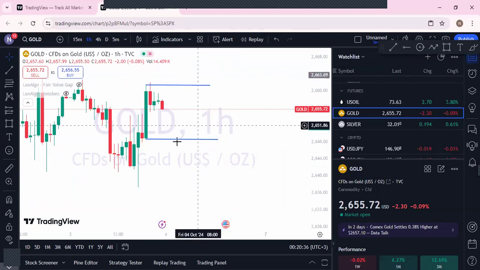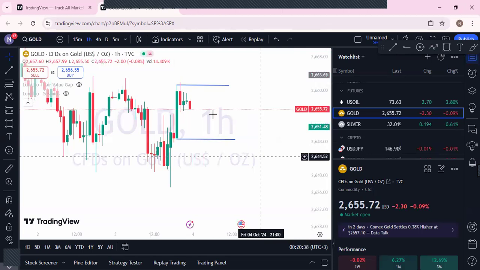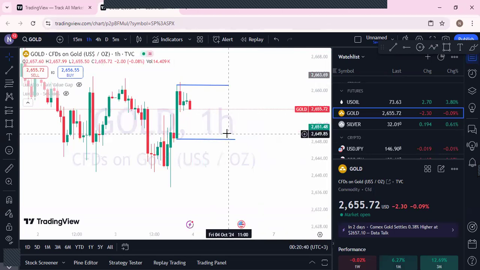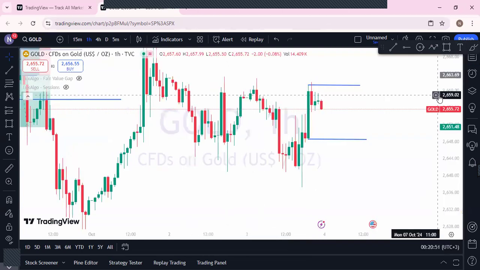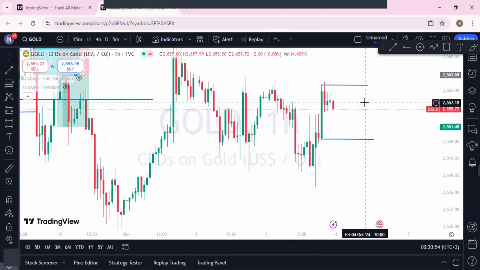I'm in for this trade, and this is the best trade I know. Also, having the CRT model knowledge, you will be good to go. You don't need so many things to be a successful trader. You need to backtest your strategy. Use the simple strategy that you have to enter the market.